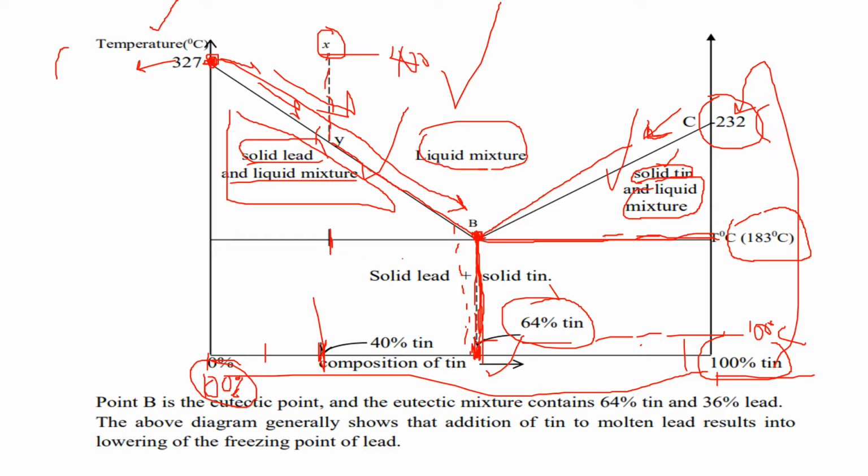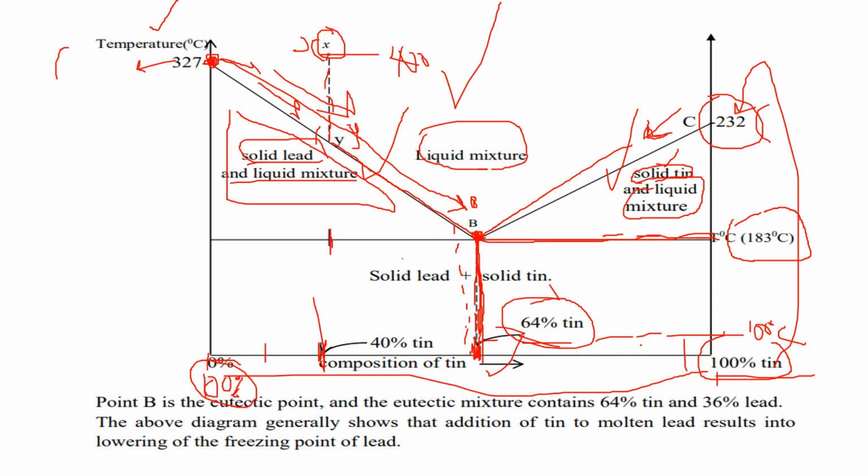So that's how you plot. So you label them. You label the point at which you started cooling, and the point at which you reach the slanting slope, and then the point at which you reach the eutectic point, which is B, and then the point at which they want you to stop cooling. You may call it Z.